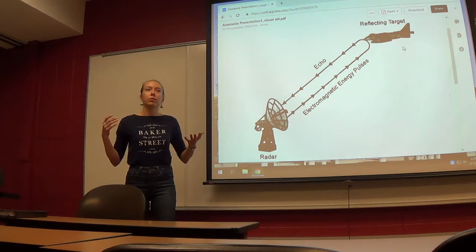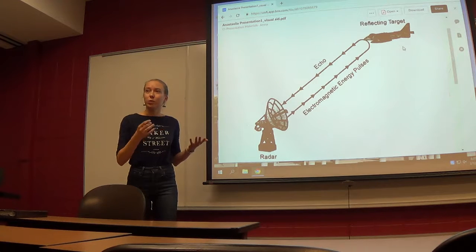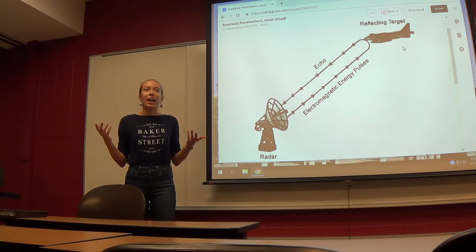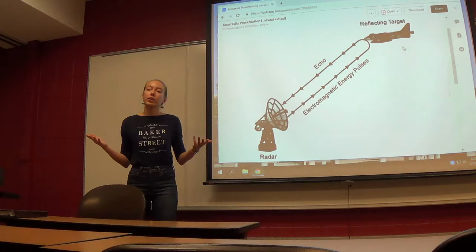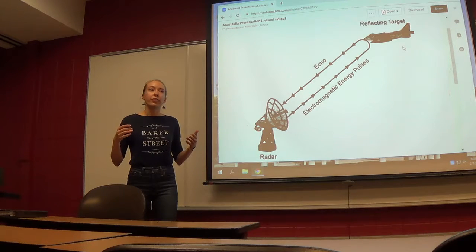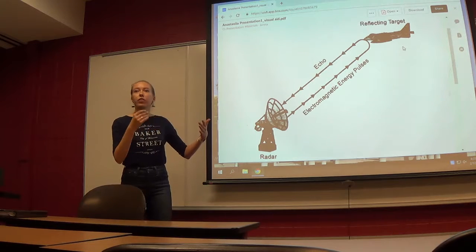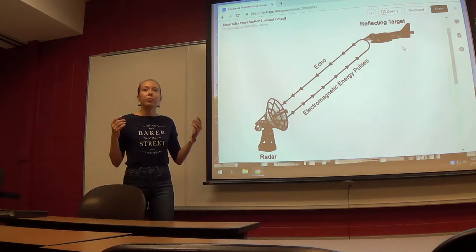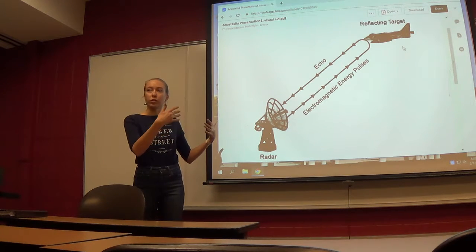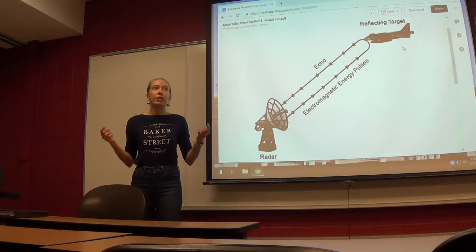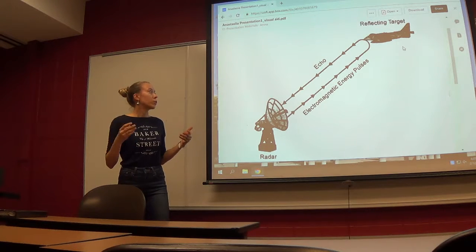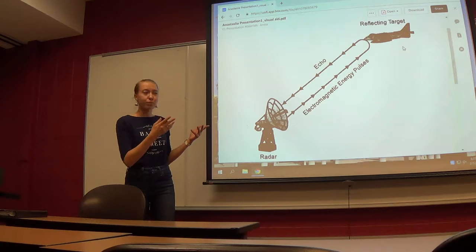These waves can propagate, or just travel, in space. They carry electromagnetic energy, and when such a wave encounters an obstacle on its way, it can be reflected, refracted, or absorbed, depending on the properties of the surface of the structure. In a radar system, we mostly use the phenomenon of reflection.